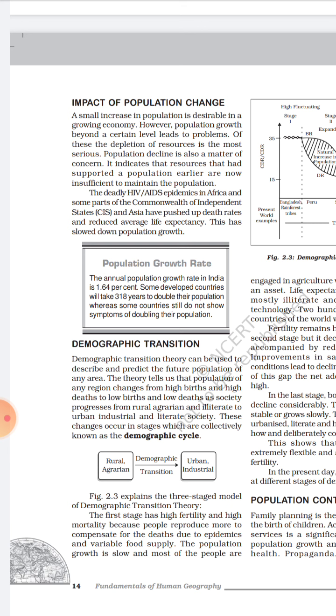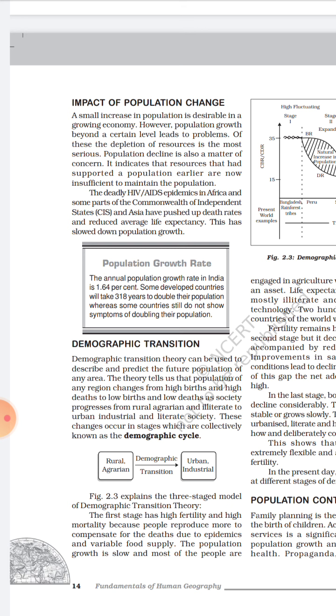One example given here is the deadly HIV AIDS epidemic in Africa and some parts of the Commonwealth of Independent States, CIS, which are countries that have been ruled by Britishers, and Asia. It has pushed up the death rate and reduced average life expectancy. This has slowed down population growth. So due to various epidemics, there has been a decline in population growth.